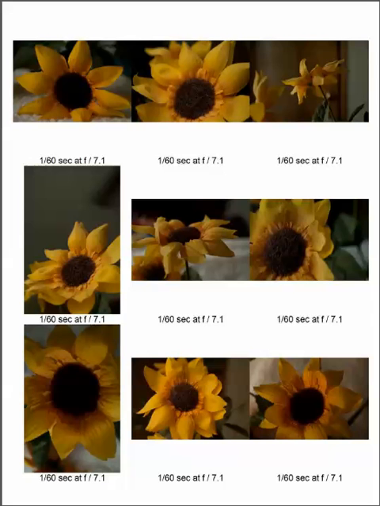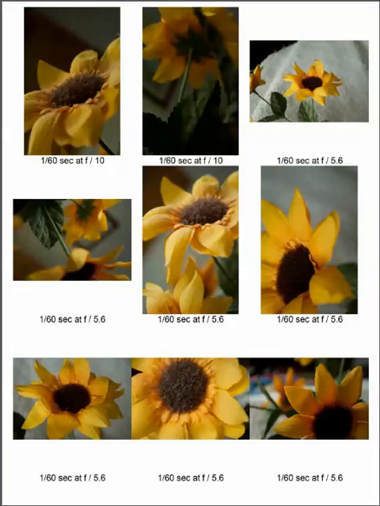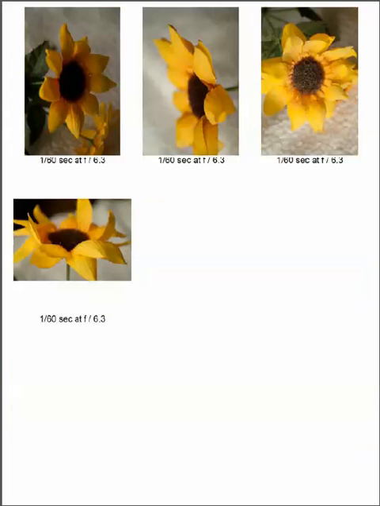Because like this sheet's all shot at f7.1. This sheet's all shot at f10 mostly, except for one exposure. This is mostly 5.6, and this is mostly 6.3. You know what I mean? I'm just really having a hard time telling what you did.